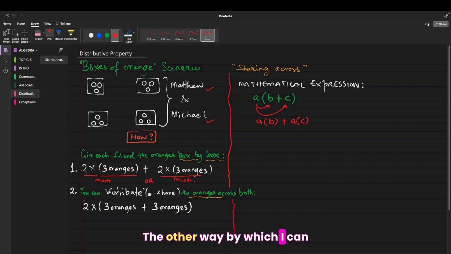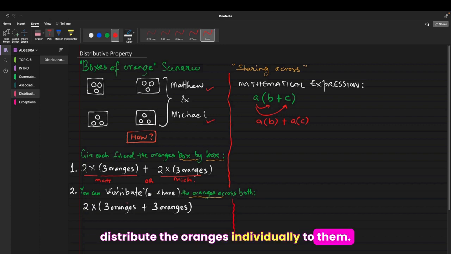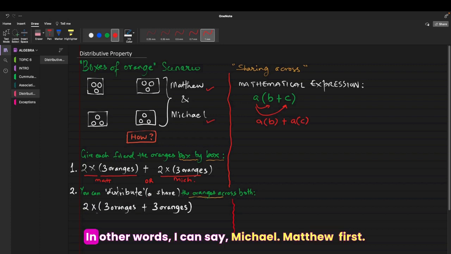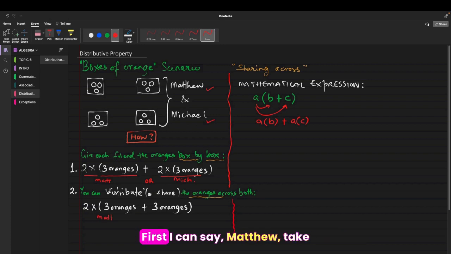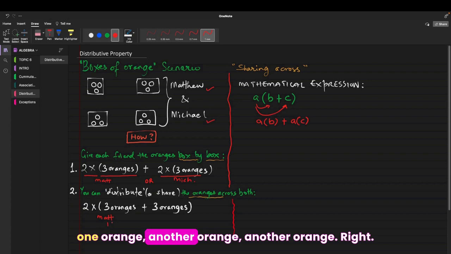The other way by which I can go about giving them the oranges is that I can decide to distribute the oranges individually to them, or share the oranges across both of them. I can say Matthew, take 1 orange, another orange, another orange, right?